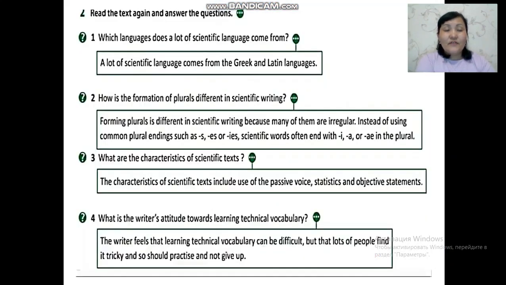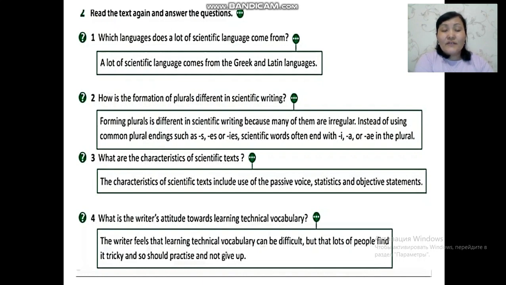The answer for the first question: a lot of scientific language comes from Greek and Latin languages. The second question: forming plurals is different in scientific writing because many of them are irregular. Instead of using common plural endings such as s, es, or ies, scientific words often end with i, a, or ae in the plural.